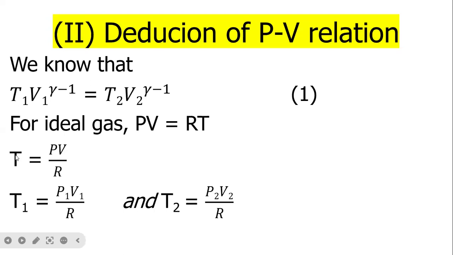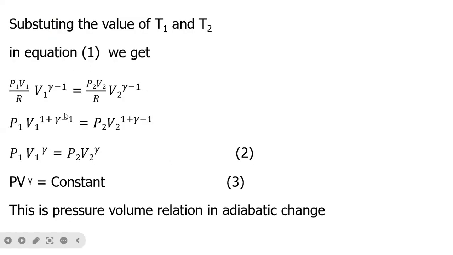That's why T equals PV by R, so T1 equals P1 V1 by R and T2 equals P2 V2 by R. Substituting the values of T1 and T2 in the equation, we get P1 V1 by R times V1 to the power gamma minus 1 equals P2 V2 by R times V2 to the power gamma minus 1. Simplifying, P1 V1 to the power 1 plus gamma minus 1 equals P2 V2 to the power 1 plus gamma minus 1, so P1 V1 to the power gamma equals P2 V2 to the power gamma. That's why PV to the power gamma is constant. This is the pressure-volume relation in the adiabatic change.